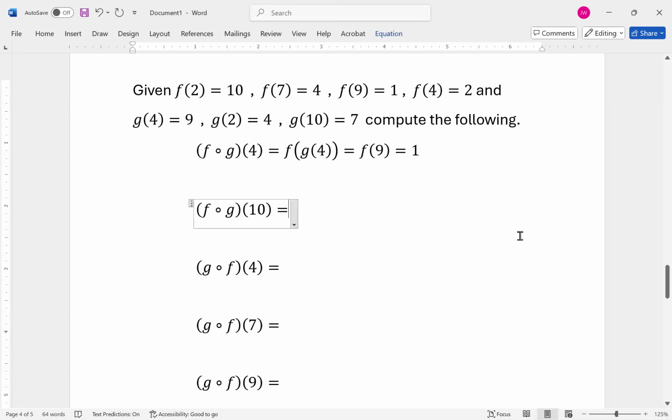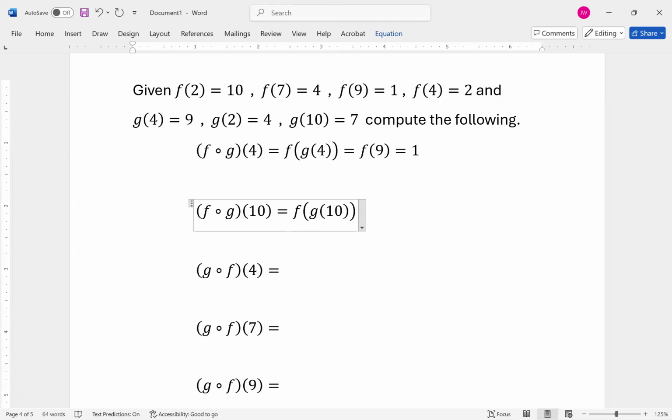We can do the same thing for 10 as well. We say f of g of 10. Start out by trying to figure out where g sends the number 10. g sends the number 10 to 7. So the input of 10 into g gives the output of 7. That 7 is going to be my new input for my function f.